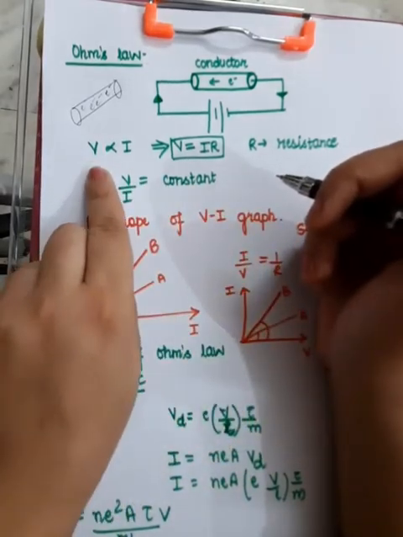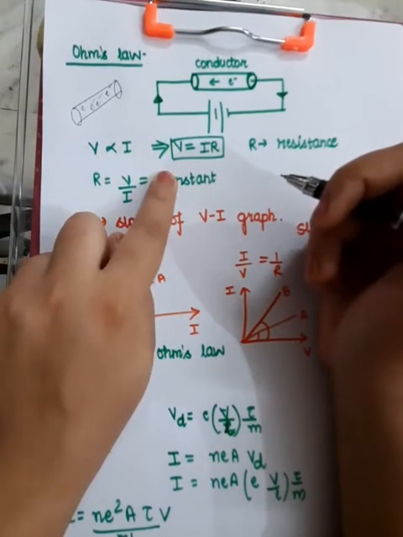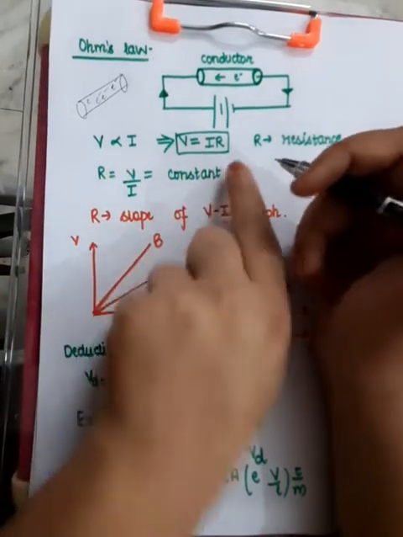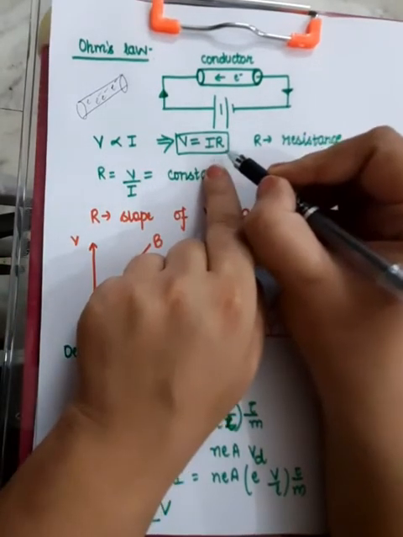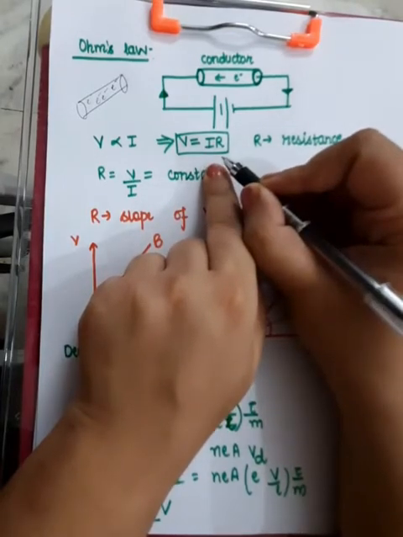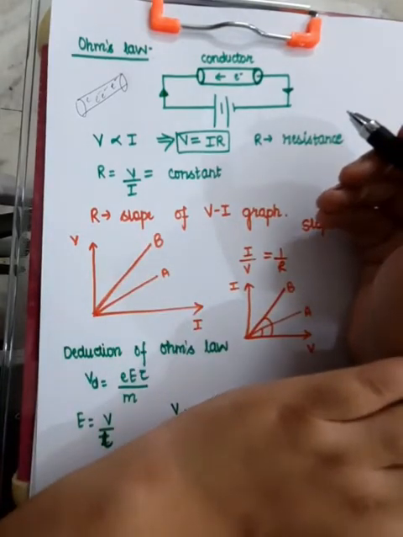So the potential difference applied is directly proportional to the current, and when this proportionality is removed, you get a constant, and that constant is resistance R. So the overall relation becomes V equals IR.